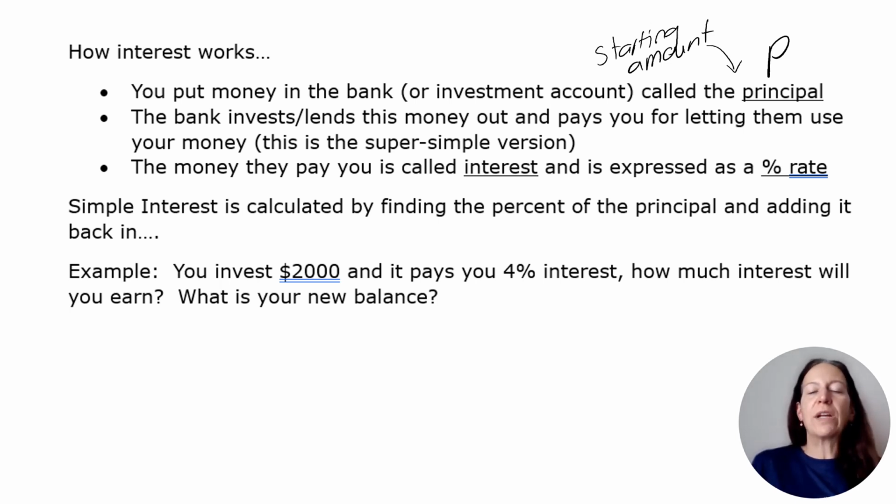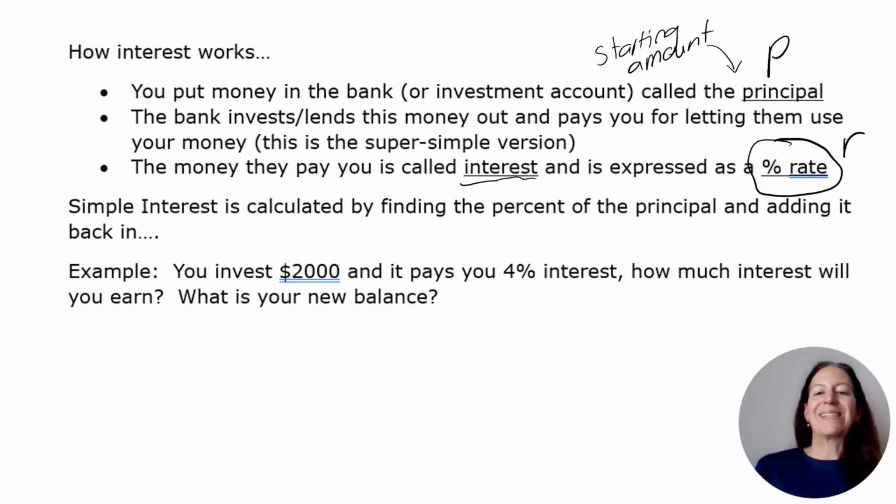Essentially what the bank does is they take your money, they lend it out, and they get more money back because the person they lent it to is going to pay it back with interest. And then you get some of that interest. The money they pay you on that is called interest, often represented by the letter R, and it is expressed as a percent.